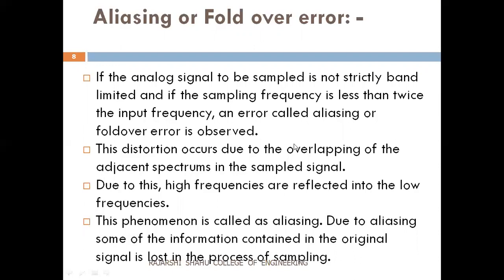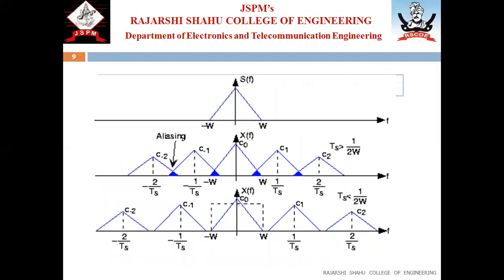This distortion occurs due to the overlapping of adjacent spectrums in the sampled signal. Due to this overlapping, high frequencies are reflected into the low frequencies, and this phenomenon is called aliasing. Due to aliasing, some of the information contained in the original signal is lost in the process of sampling.